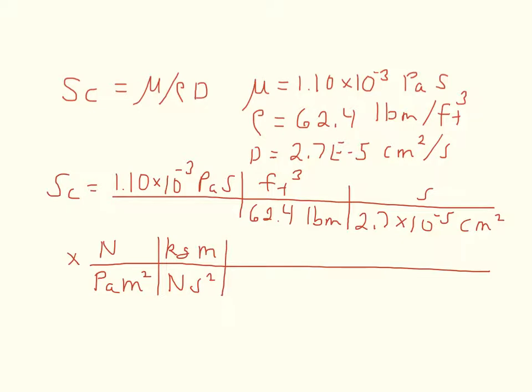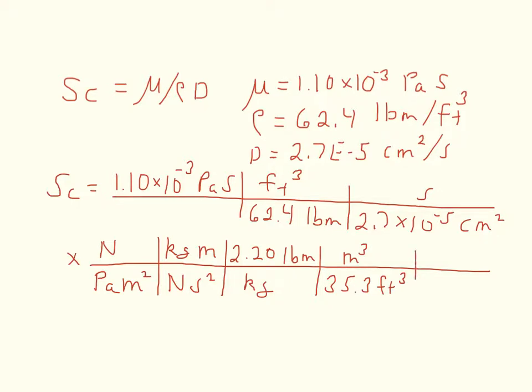And now I'm going to do something about the engineering units and the density. So we have 2.20 pound mass per kilogram. And we need something for the cubic feet, so 35.3 cubic feet per cubic meter.